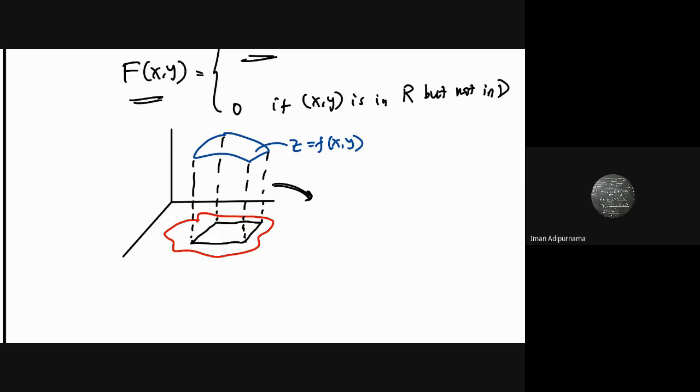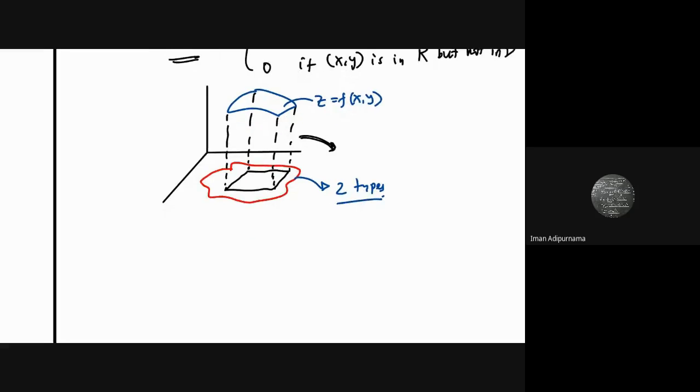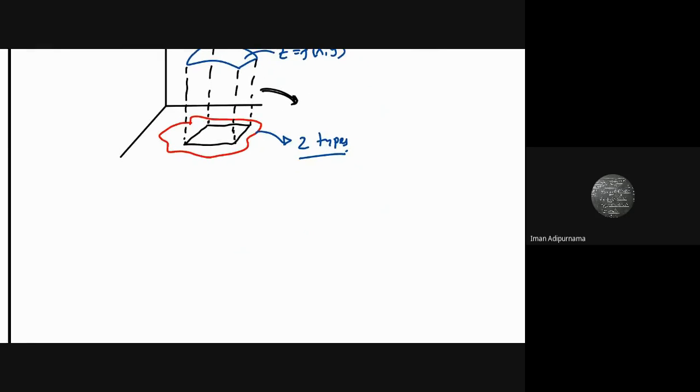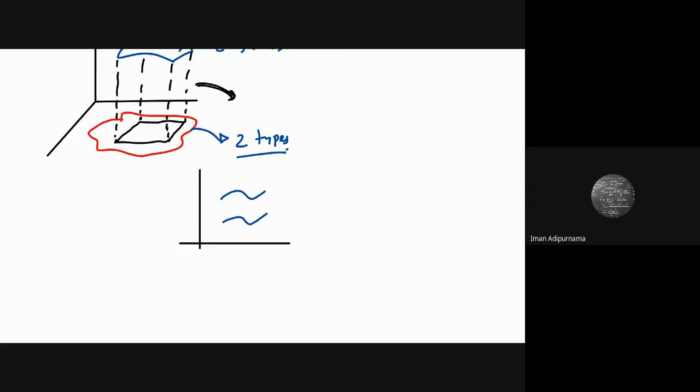And now the region here has two types. The first one, okay, this is just illustrations.